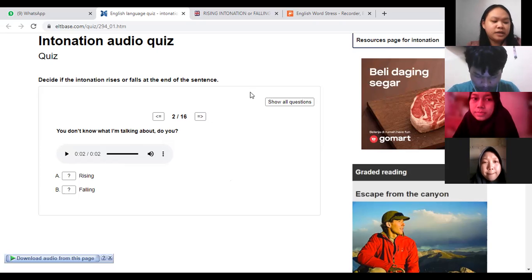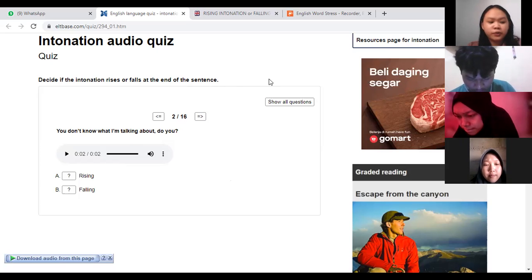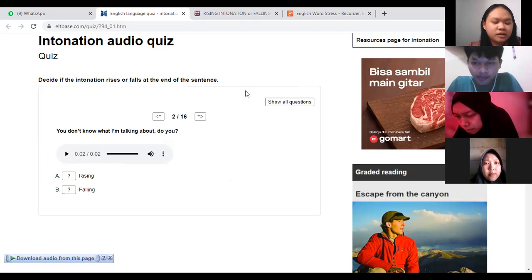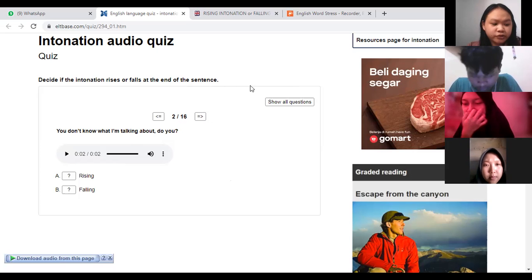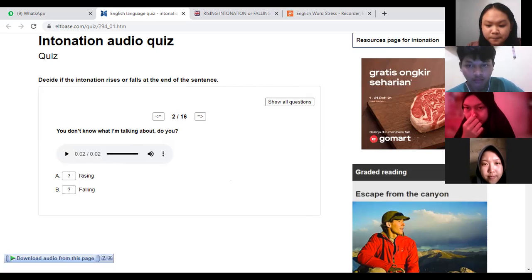Now we begin our practice and drill, and I will divide you into several groups. So maybe Laras with Handis and Paujan with Hamid. I want you to analyze the rising and falling intonation with your groups and fill this true or false question in the PPT. Maybe I will share it now again.